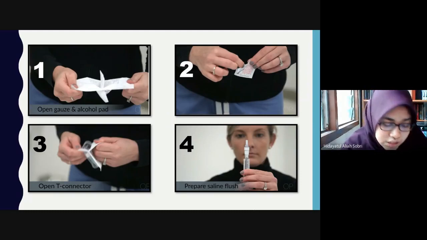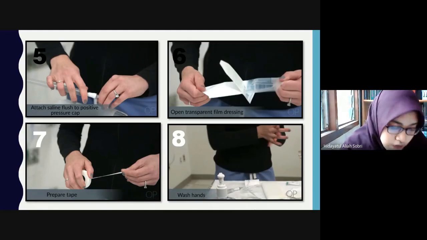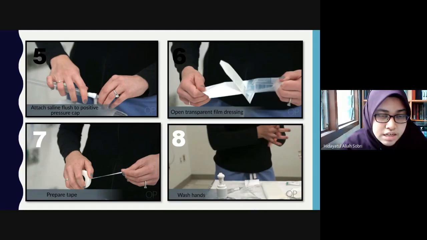After opening the T connector, prepare the saline flush and attach it to the positive pressure cap. Then flush the saline through the cap and the T connector to ensure that all the air is removed.